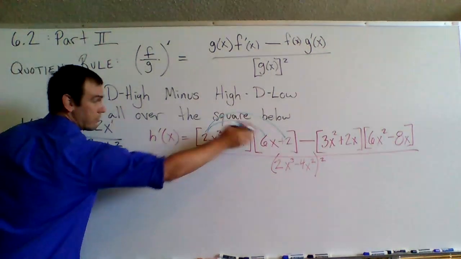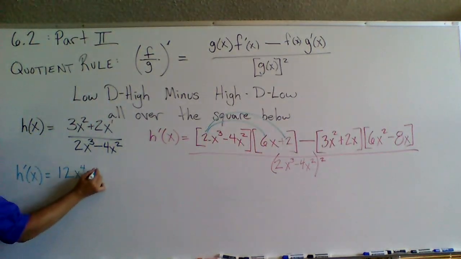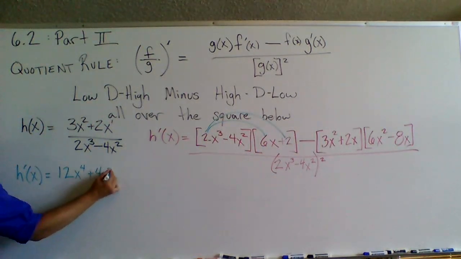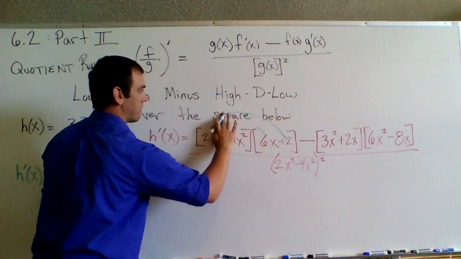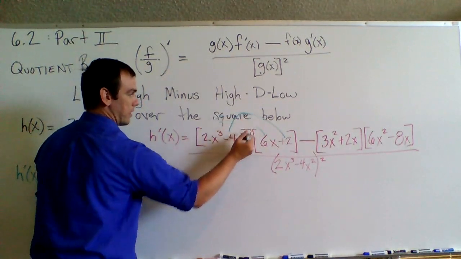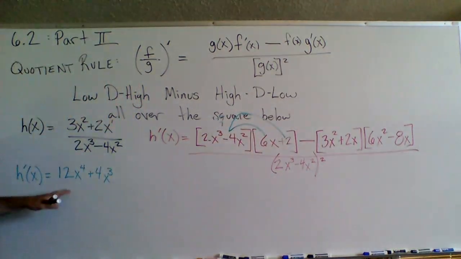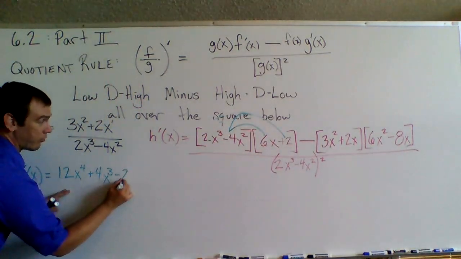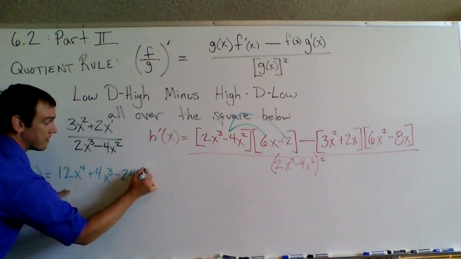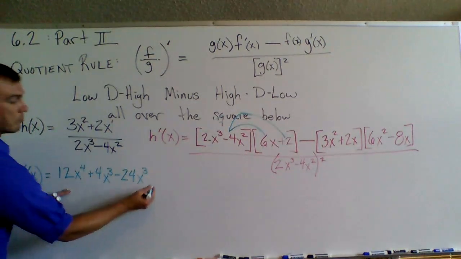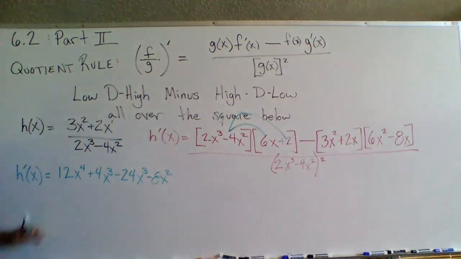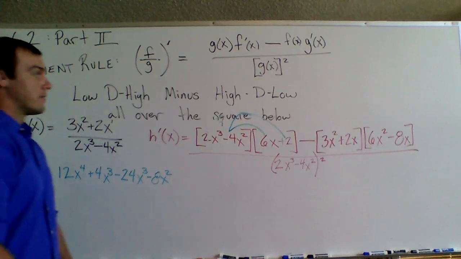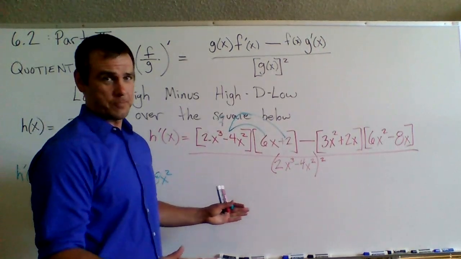And then plus 4x to the third. Now I'm going to distribute my negative 4x squared. So this is going to be a minus 24x to the third minus 8x squared.